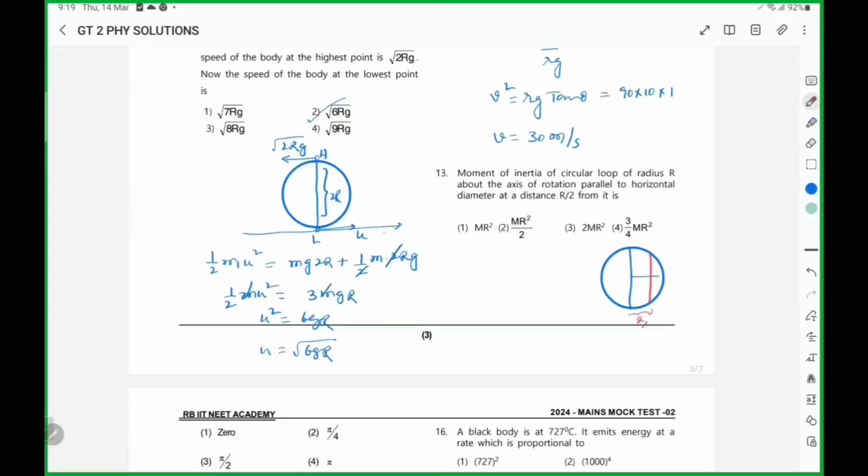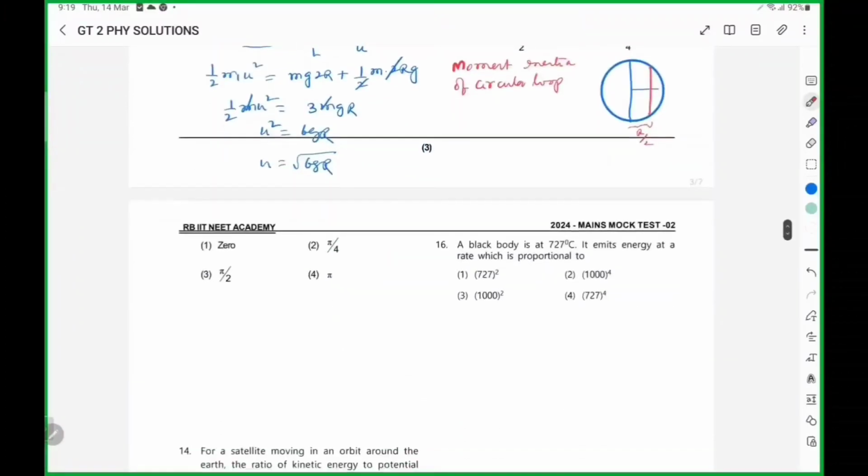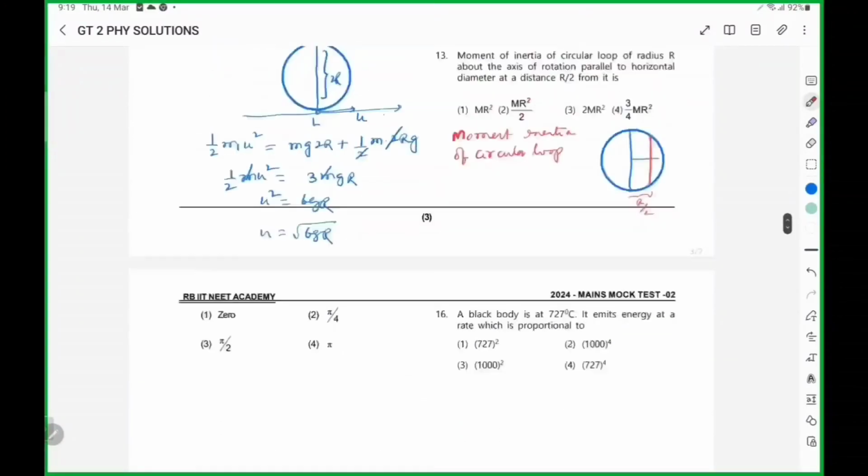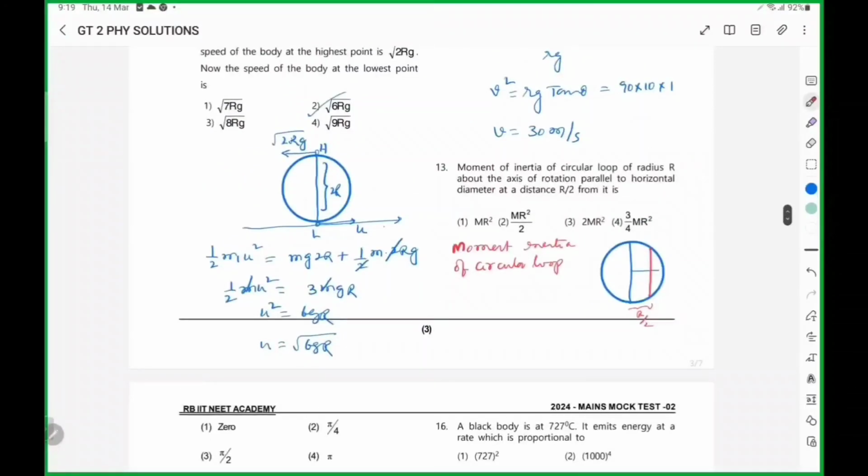This distance is. So moment of inertia of a circular loop is mr square.